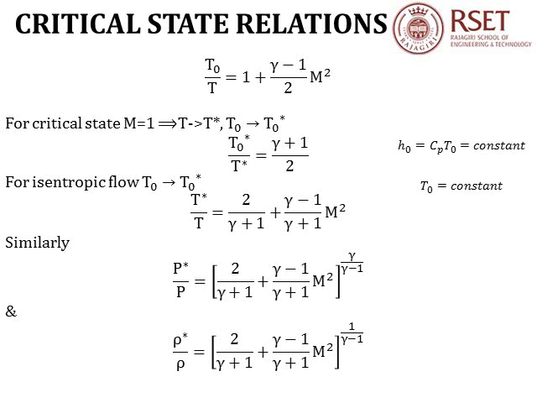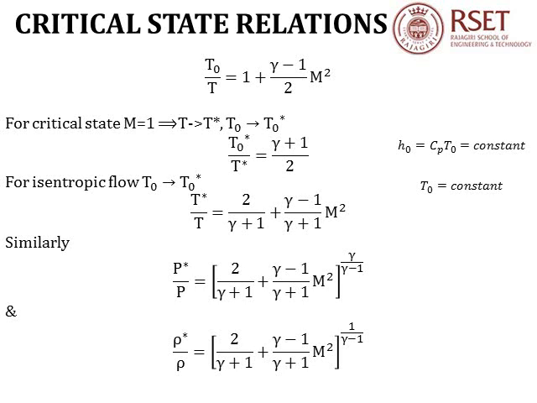Enthalpy can be written as Cp into T. For stagnation enthalpy, we can write it as Cp multiplied by T0 is equal to a constant. For a perfect gas, Cp remains constant, hence we can write T0 is equal to a constant.